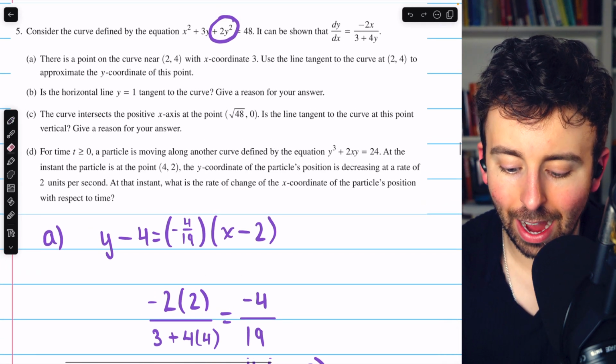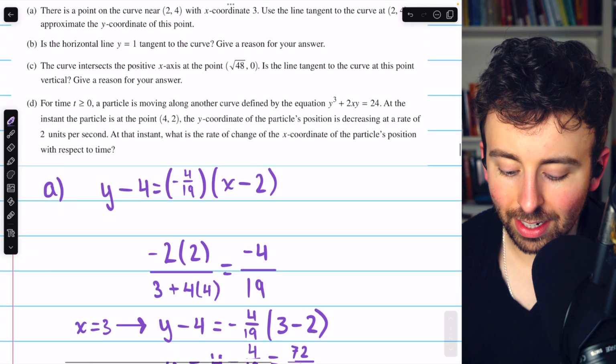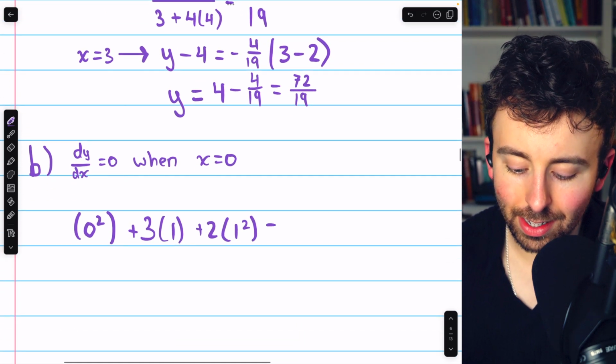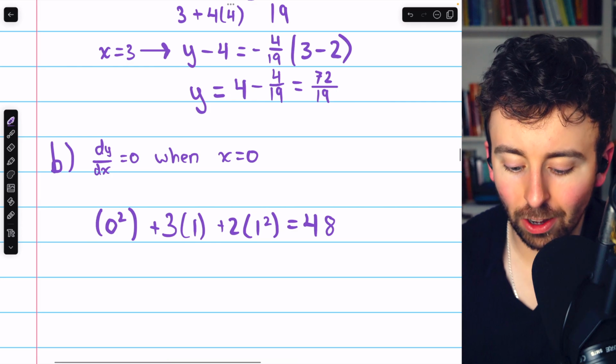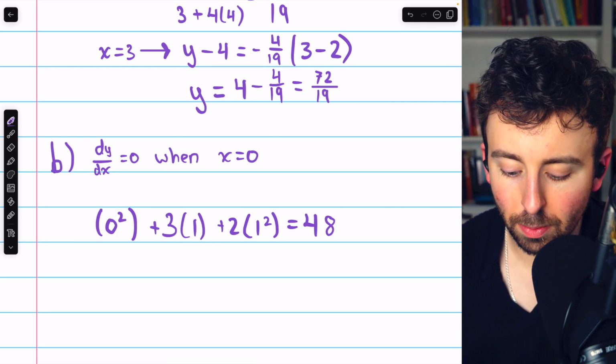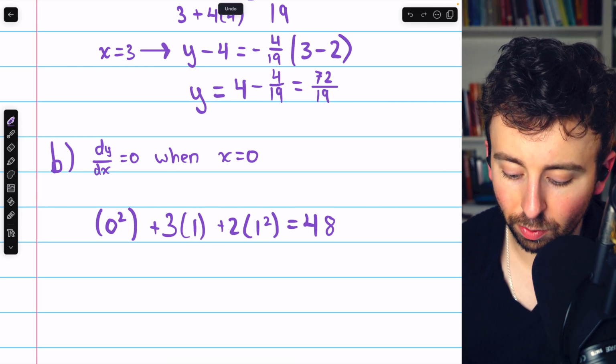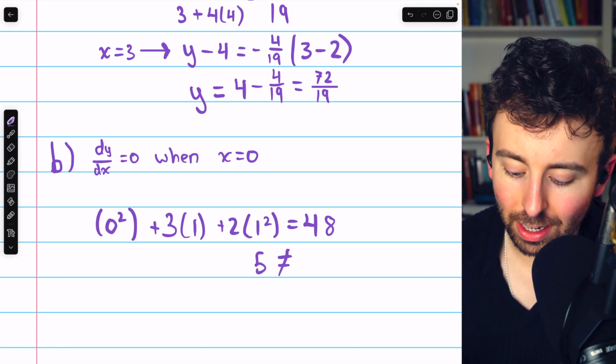Let's check if it actually does. If it does indeed equal 48, then yes, the horizontal line y equals 1 is tangent to the curve. But we see, doing the math, this is 3 plus 2, which is 5, and oh, that is not equal to 48.